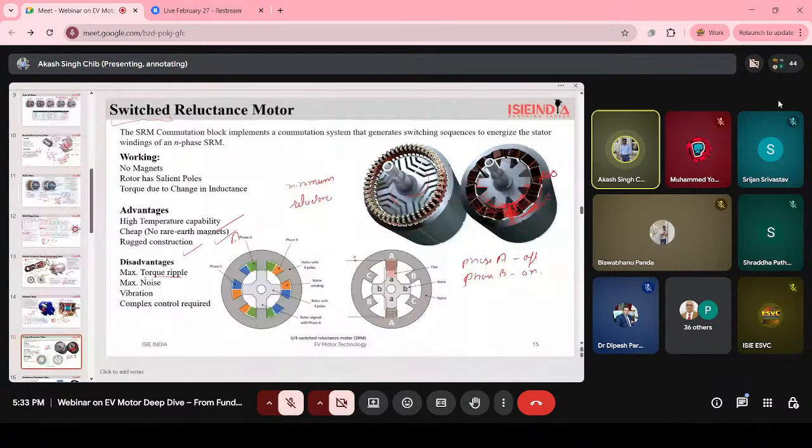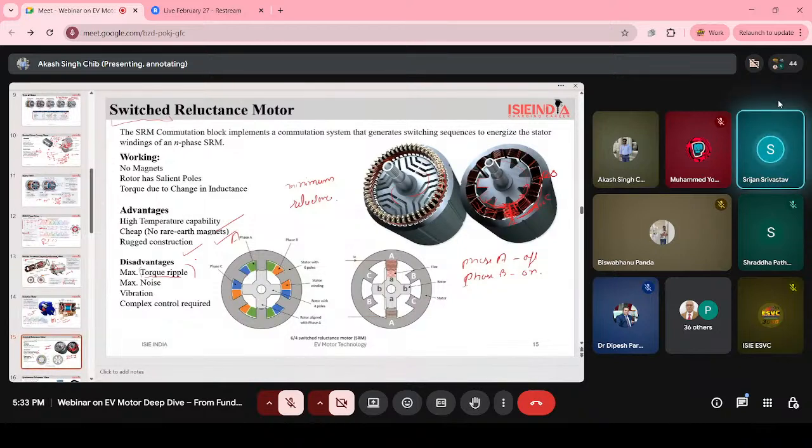Can anyone explain what torque ripple is? Anybody? Change in torque, variation in torque magnitude.